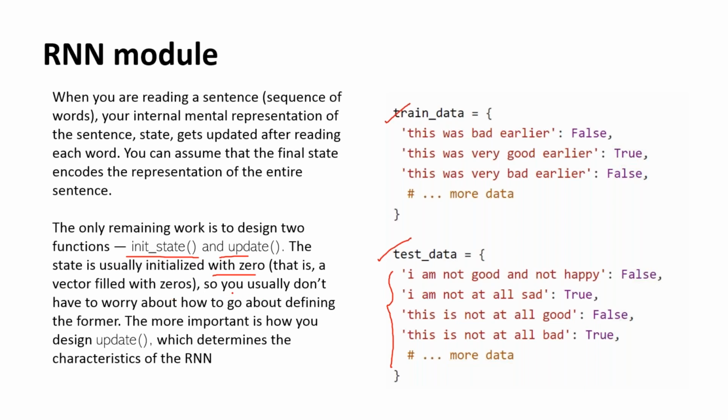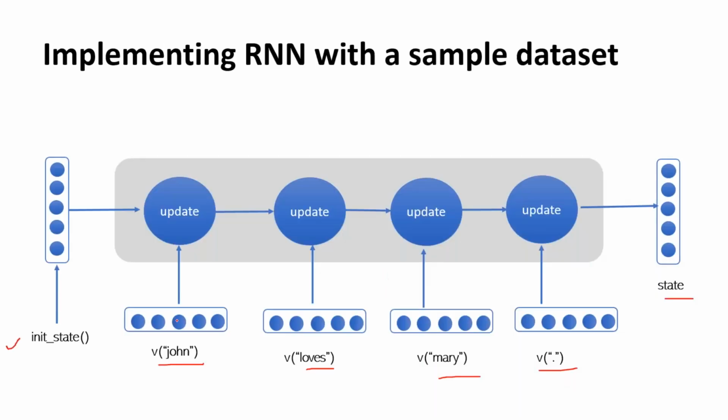So how does it know what would be my initial state? If you see here, there I don't have any word, so the neural network has to be initialized with something, because when I start with John, before John there should be some initialization.